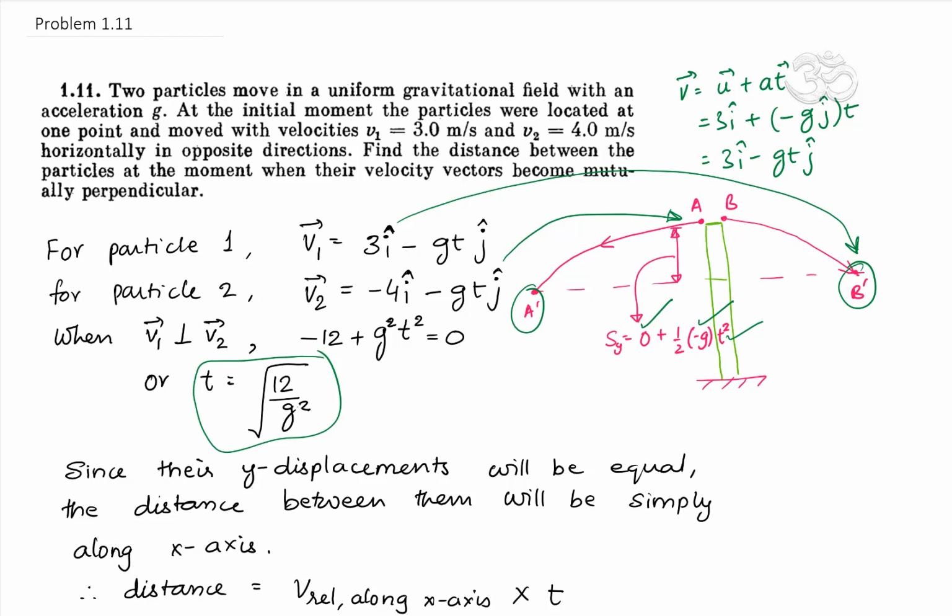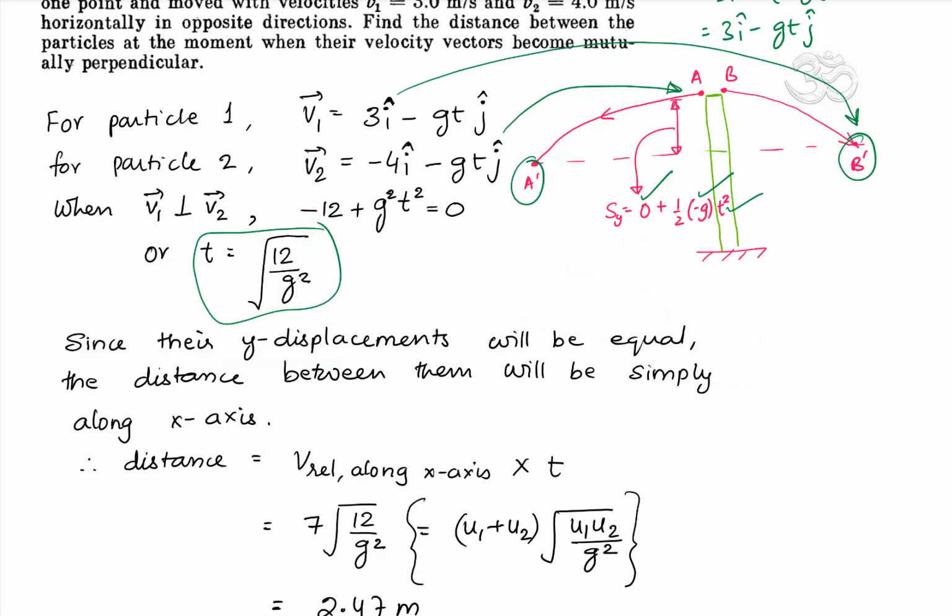Now because the distance between these two particles will be simply along the x-axis, we can find out the relative velocity of these two particles with respect to each other along the x-axis and multiply that by the time for which they have moved. So V relative happens to be 7, because it will be minus 4 in this direction and 3 in that direction.